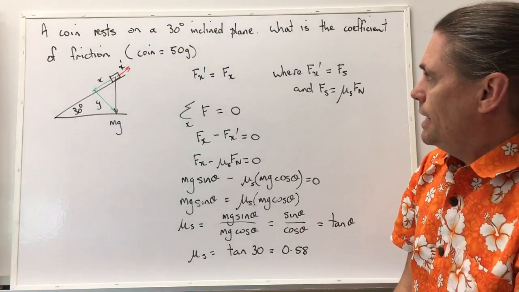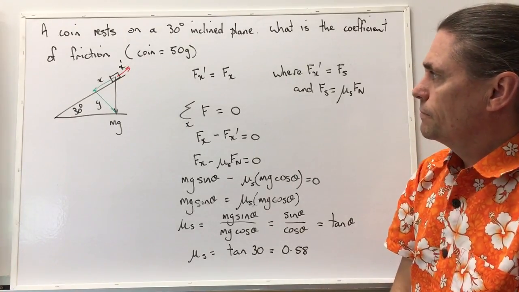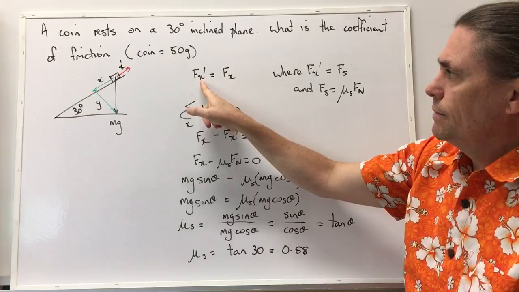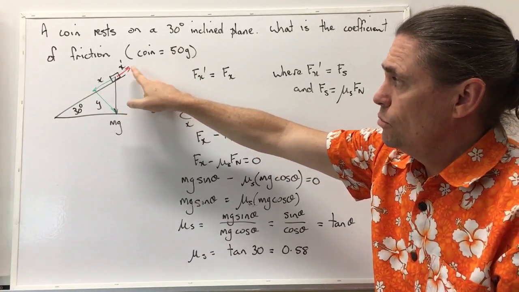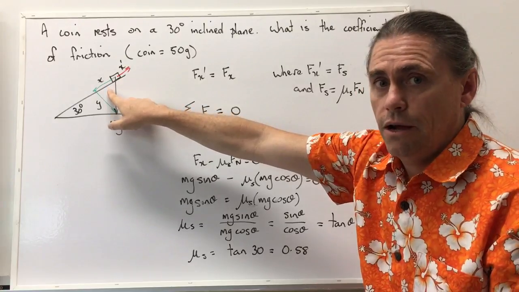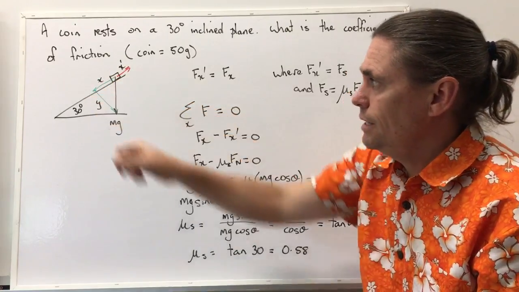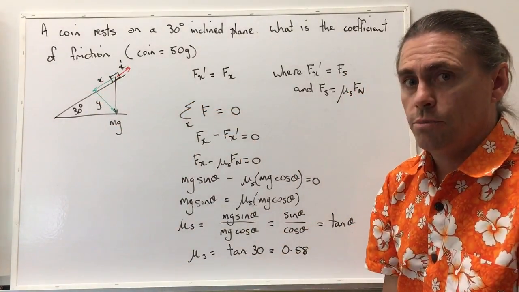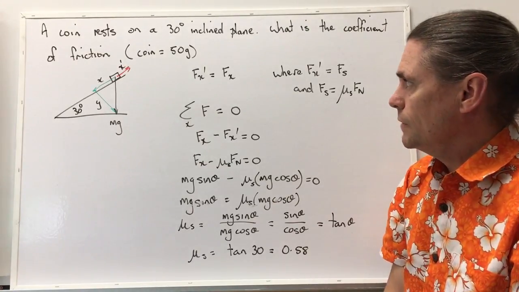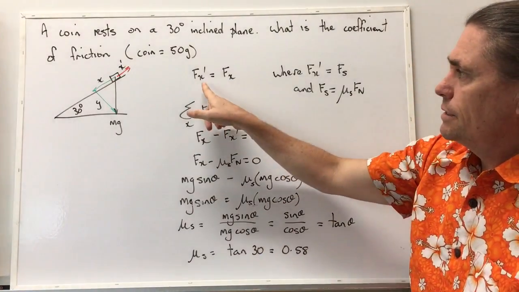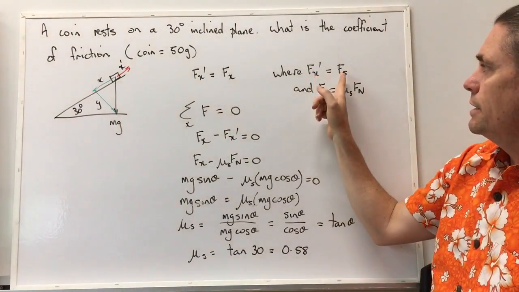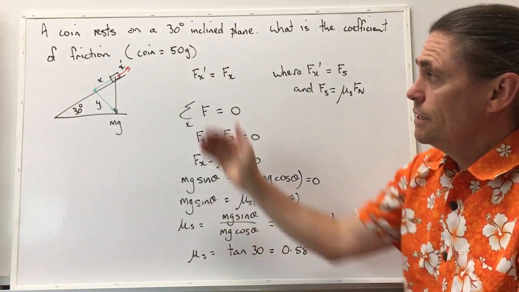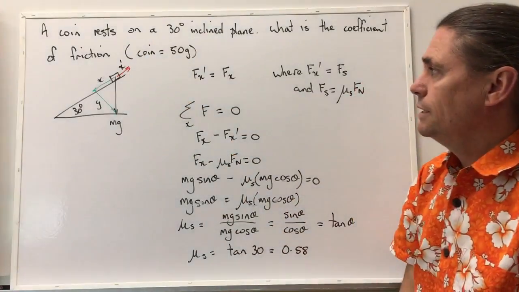Just before we move on, remember that our static friction will be equal and opposite to our acceleration through here created by the slope of the plane. So we know that in this case, acting through this direction, it's our static frictional force that is stopping this object from falling down.